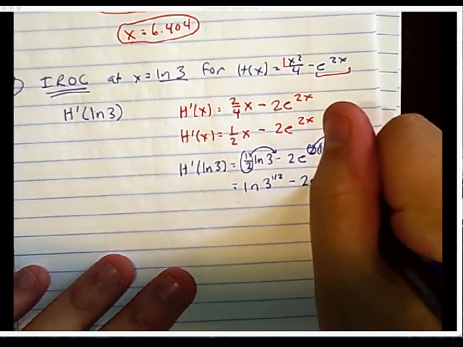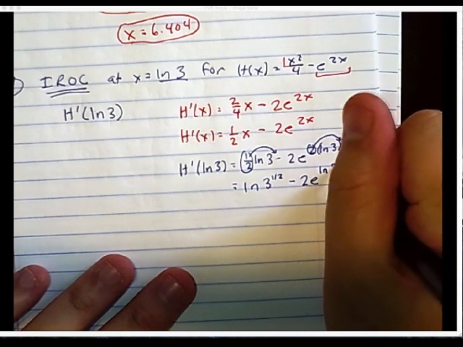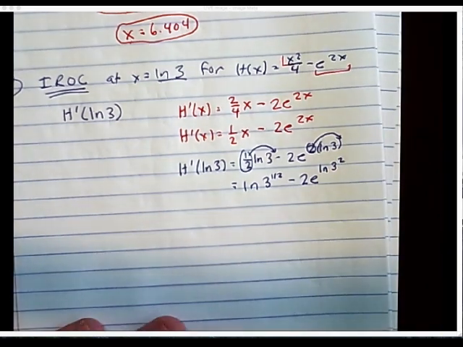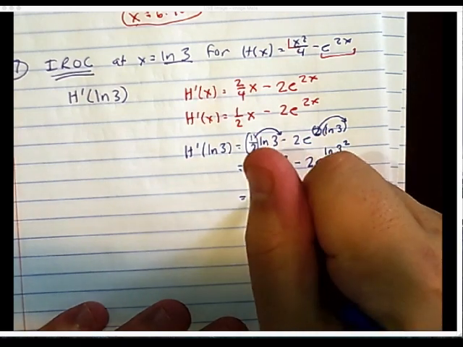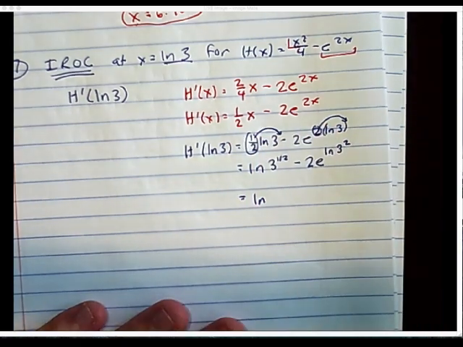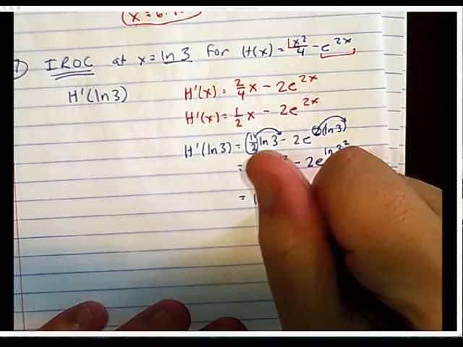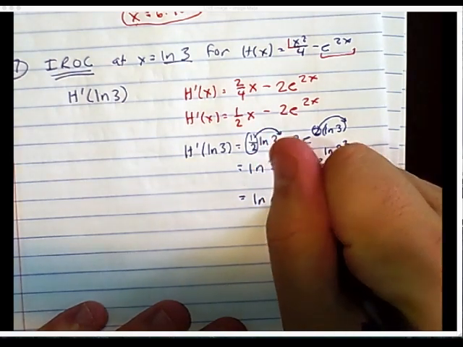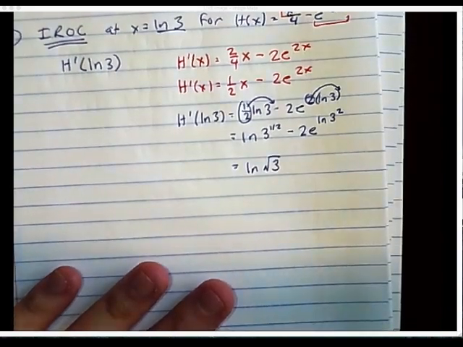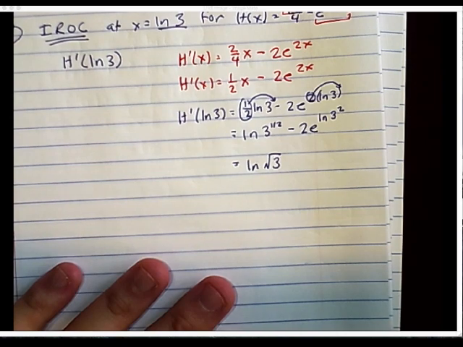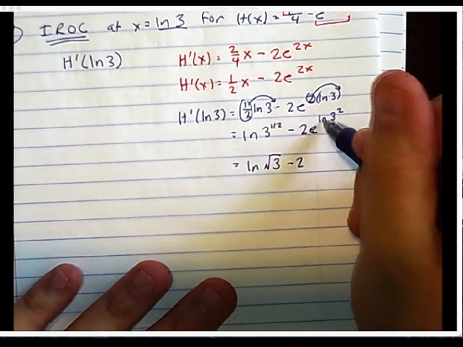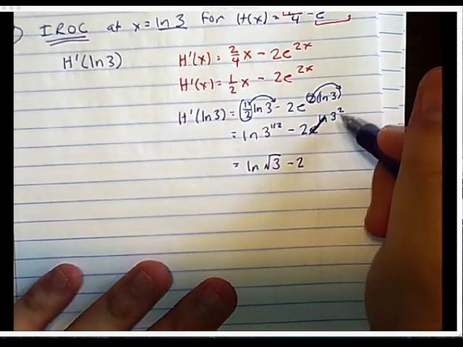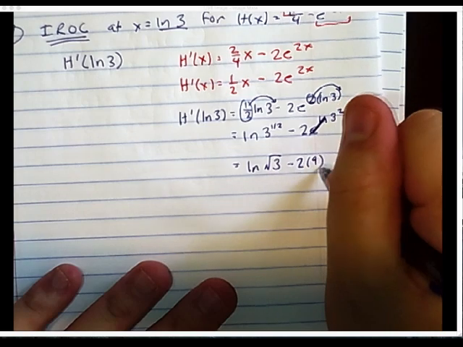So 2e raised to the ln of the 3 squared. So what's another way I can write ln of 3 to the 1/2 power? Well, 3 to the 1/2 power means the same thing as the square root of 3. Minus 2. E to the ln cancel, and 3 squared is 9. So this is like saying 2 times 9.